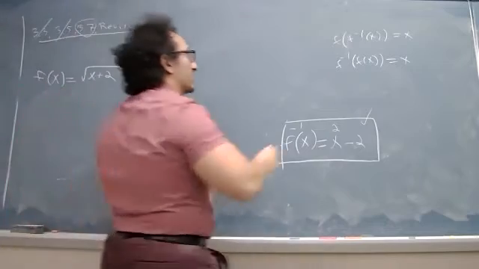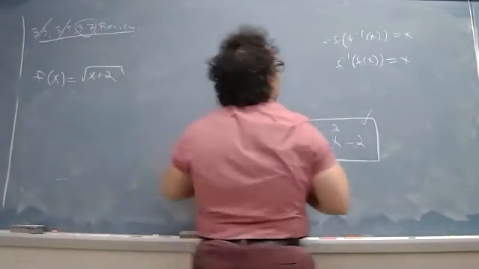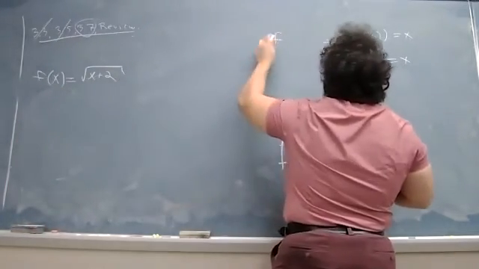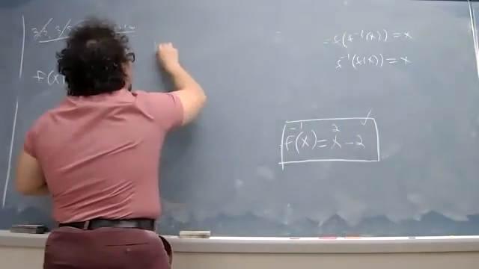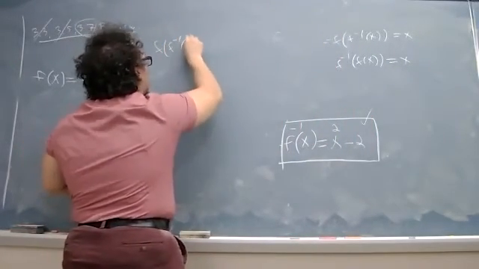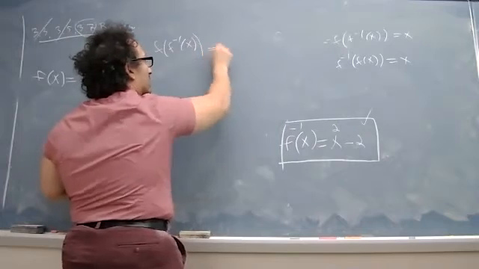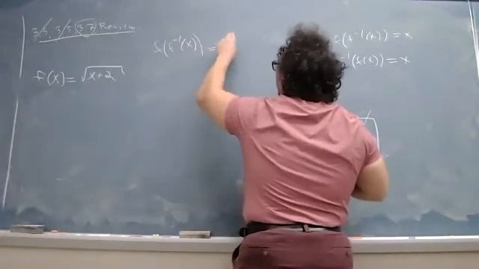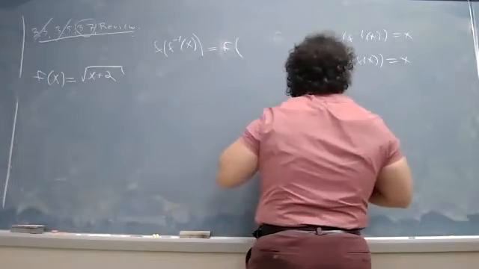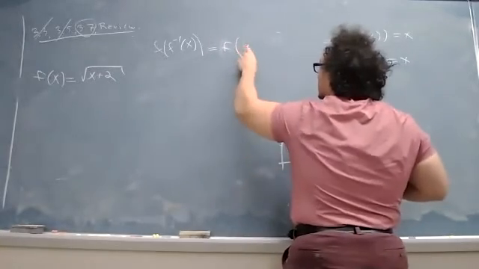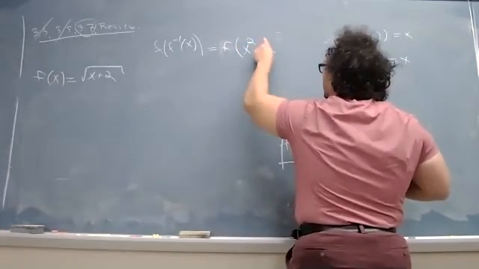So let's do this one right here. Let's do f of f inverse of x. Let's see what that gives us. That's the same thing as f of, our f inverse is this, x squared minus 2.